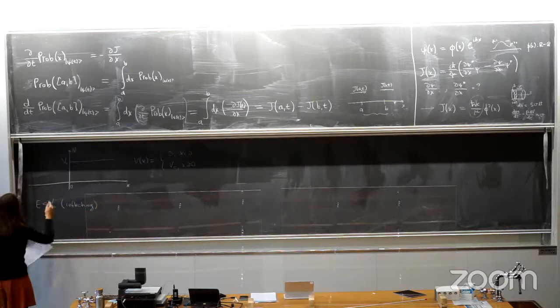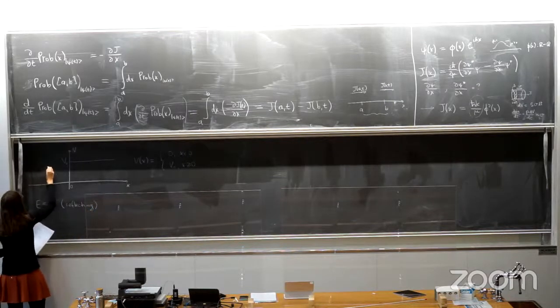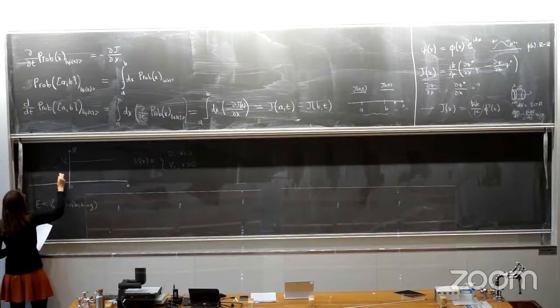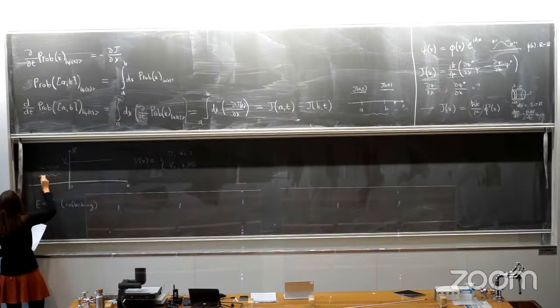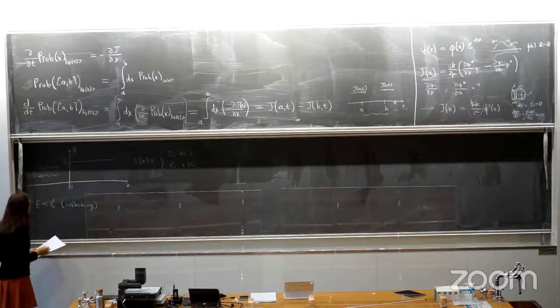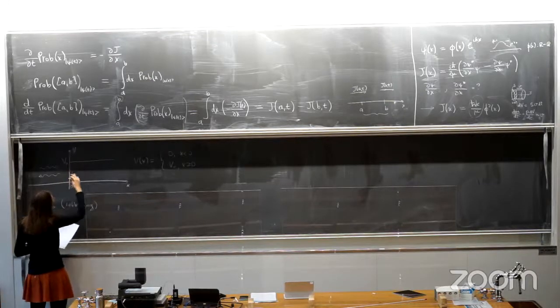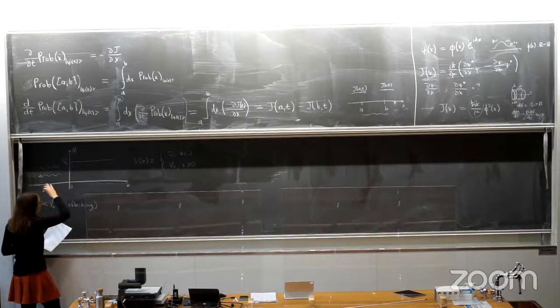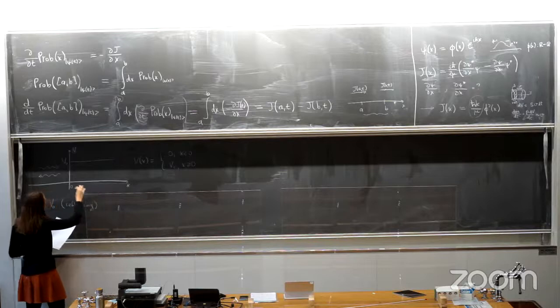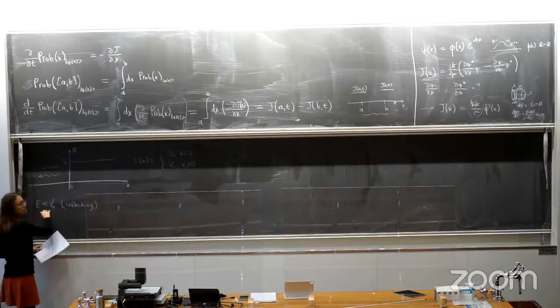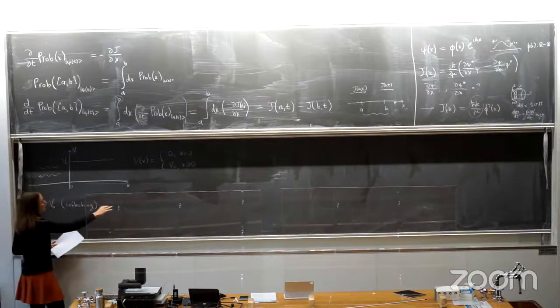Suppose that we have the particle incoming, then part of it reflects, but there's also some probability to find it for x bigger than 0, even though the energy is less than V0, but this probability is exponentially decaying as x goes to infinity.